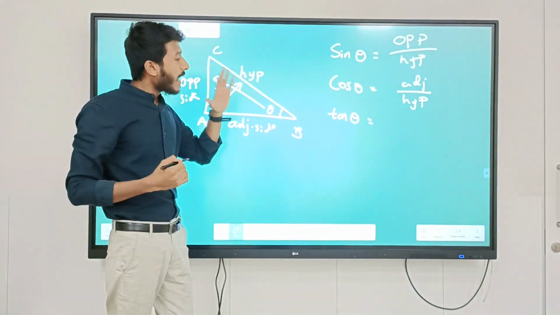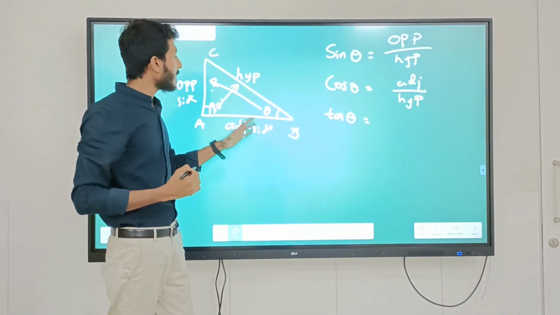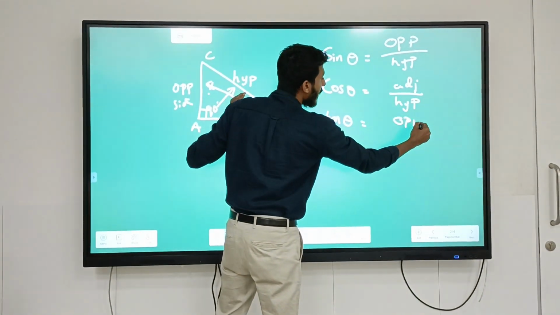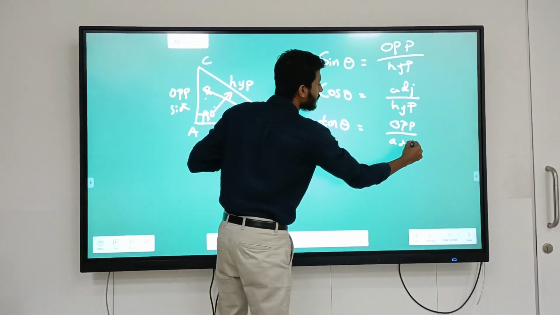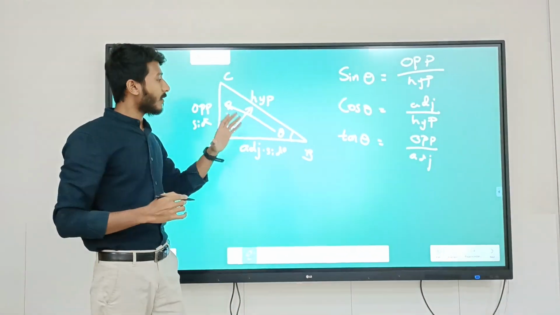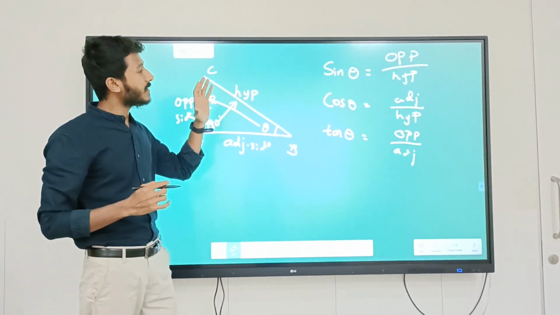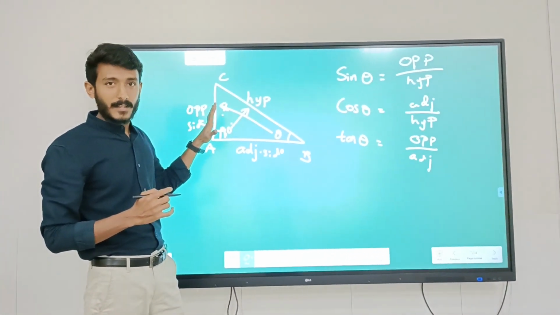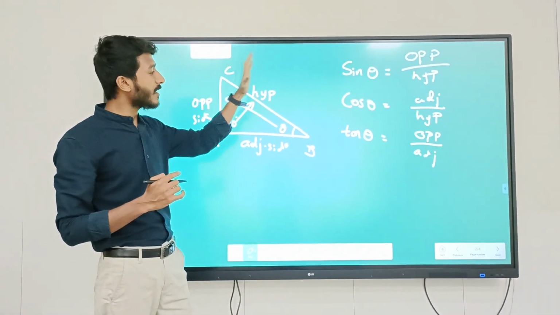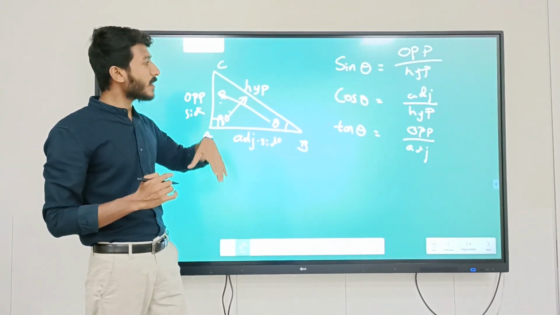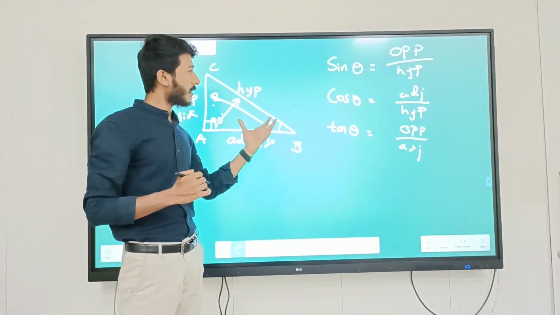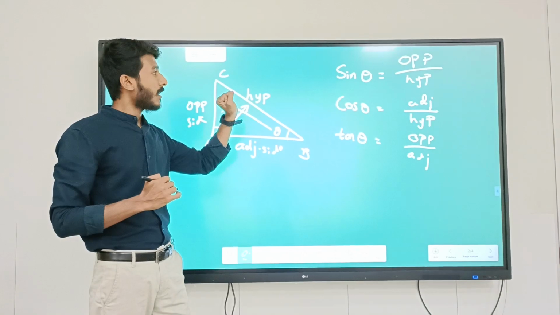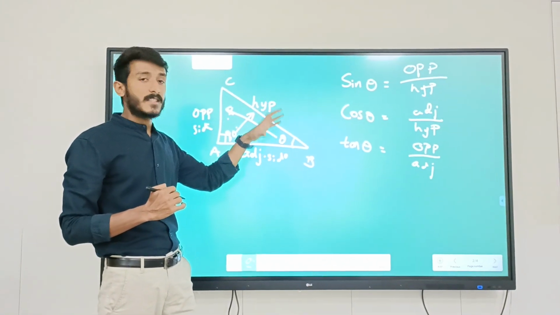And tan theta is the ratio of opposite side to adjacent. We have three functions, and the reciprocals are also there, but we will first deal with these three. After that we can move to the reciprocals.